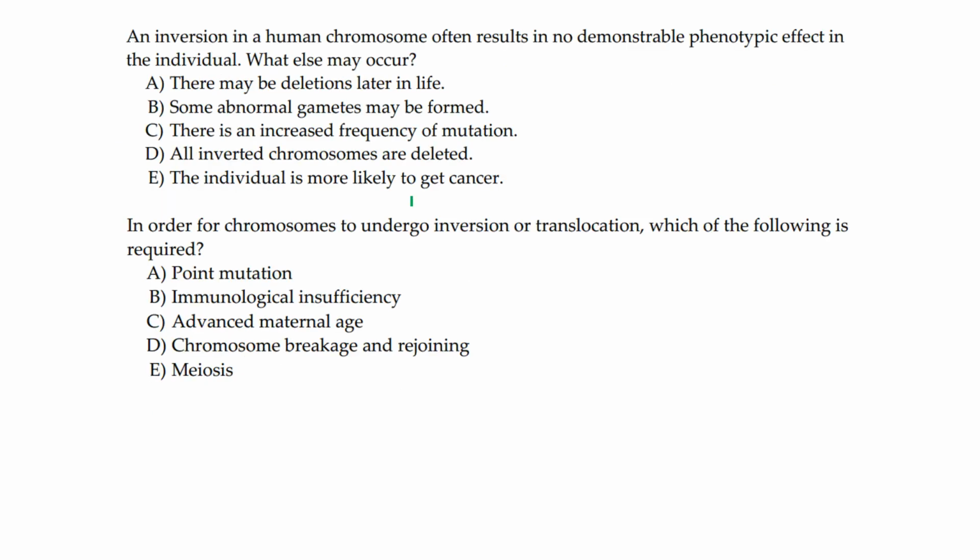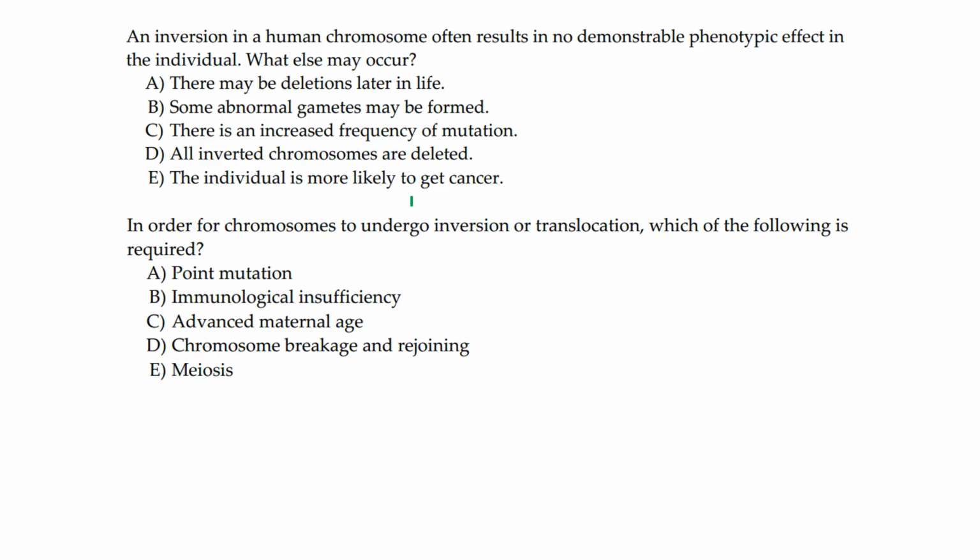An inversion in a human chromosome often results in no demonstrable phenotypic effect in the individual. What else may occur? Now this is about inversion. Individuals who suffer from this inversion or chromosome mutation don't show any phenotypic effect, right?